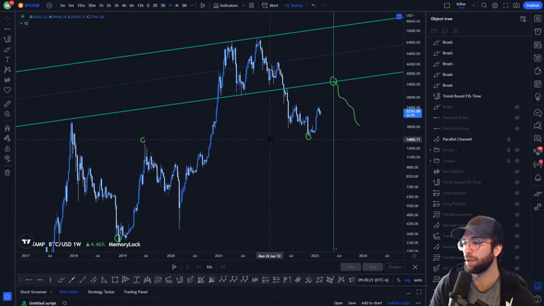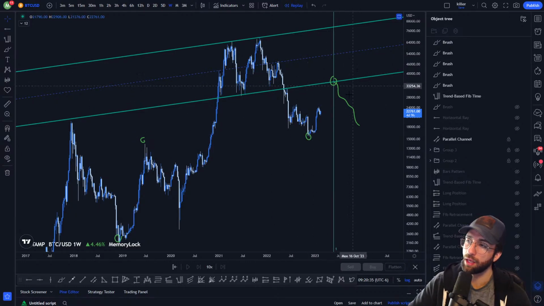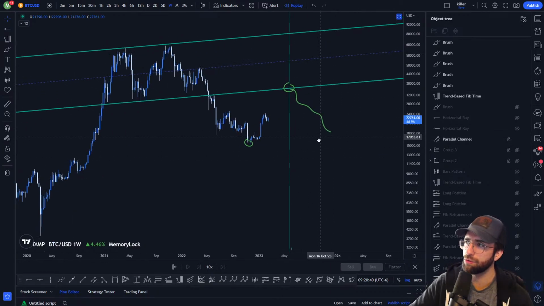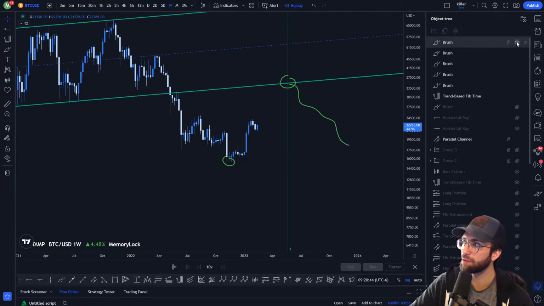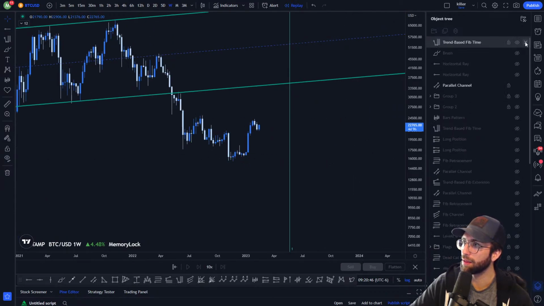Harmonics are so powerful because not only does it give you the price that's supposed to be for a harmonic to play out, but it also gives you the time frame, right? And that's why this tool is so powerful in conjunction with other confluence. You can also use it for Elliott wave, which is something that we'll get into at a later date.